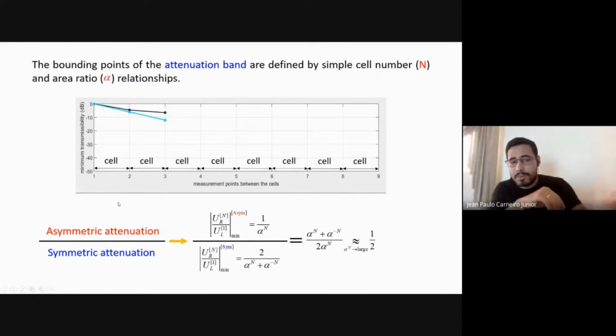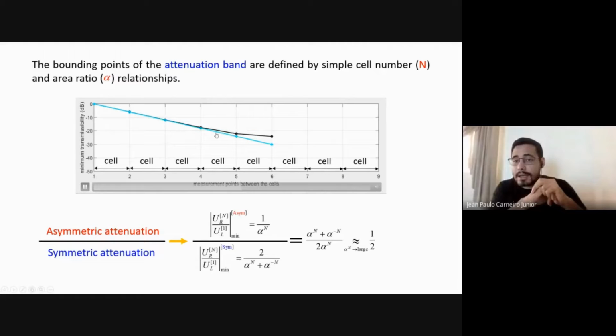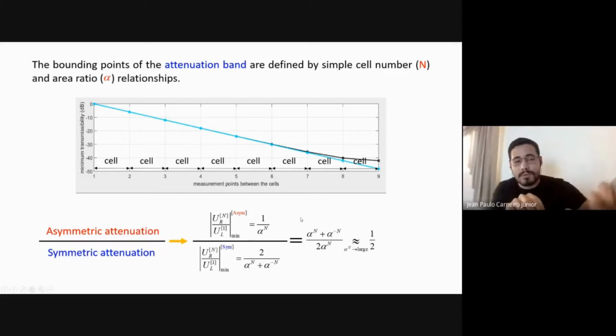The blue line here is for the asymmetrical one, and the black is for the symmetrical one. The rest of the points in the structure have almost the same minimum transmissibility, but in the last 2 cells we have this divergence, and it reaches a maximum of 6 dB.